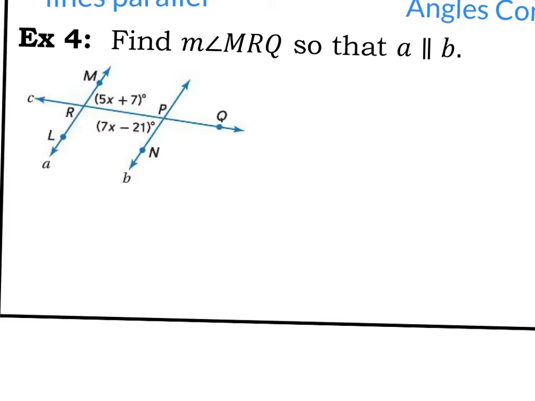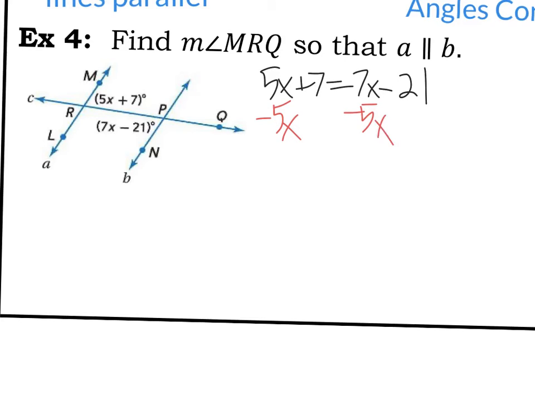Okay, whenever I'm solving problems like this with an x on each side and a constant on each side, I like to just get my x's all on one side, right? So I know 5x is smaller than 7x, so I'll choose to start with that. So I'll minus it over. And then on the same line, I will add 21 over to the other side.